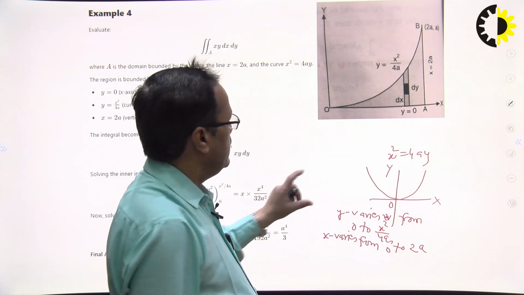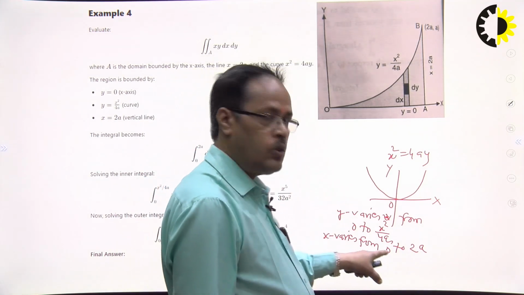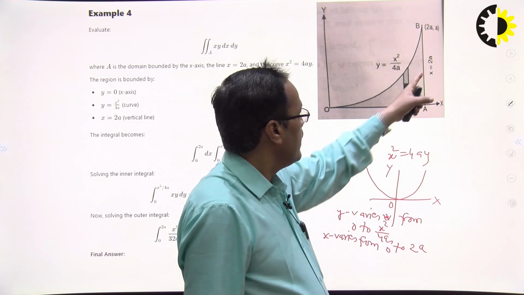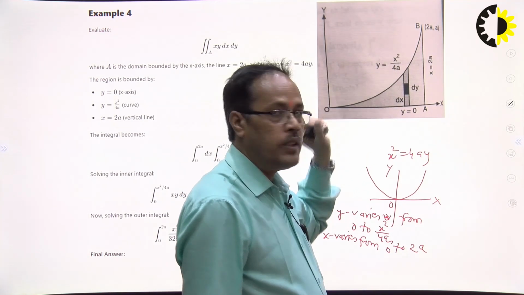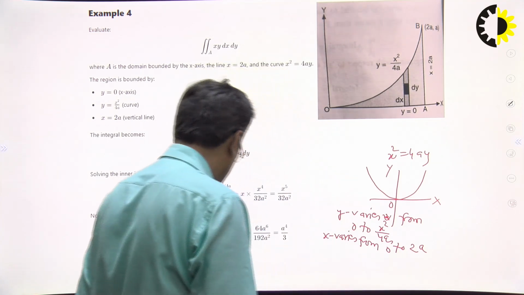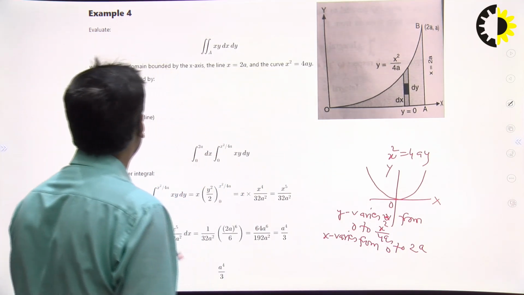It is clear that the limit of x is 0 to 2a and the limit of y is 0 to x²/4a.